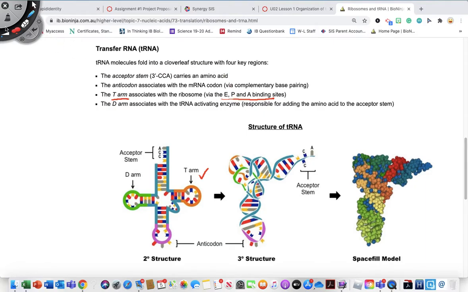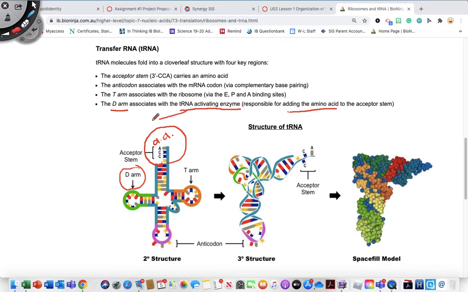Okay. And then we have the D arm. And again, you probably never heard of the D-arm, but the D-arm associates with the tRNA activating enzyme. And this is the enzyme that's actually responsible for the catalytic function of adding or attaching the amino acid that goes on this acceptor stem. Okay?